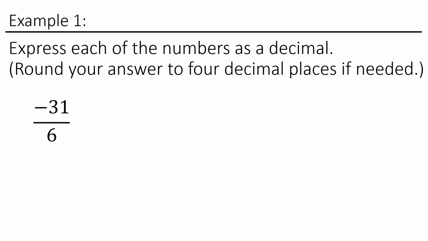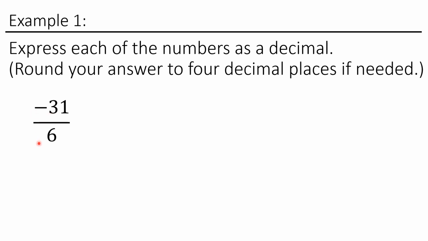Now let's look at another couple of examples where you're asked to express each of the numbers as a decimal, and then you're asked to round your answer to 4 decimal places if needed. In some of these examples, you're going to notice that negative numbers are in different places in a fraction. In this particular example, the negative is in the numerator, so you have negative 31 over 6.